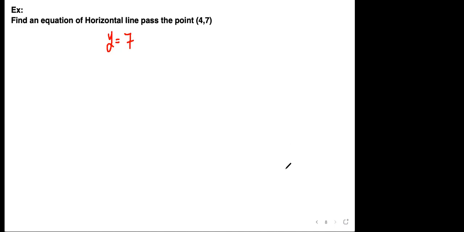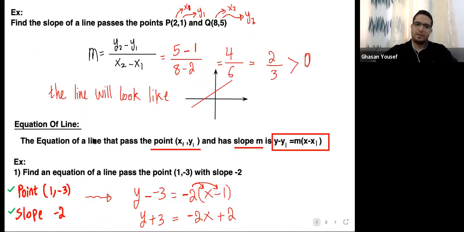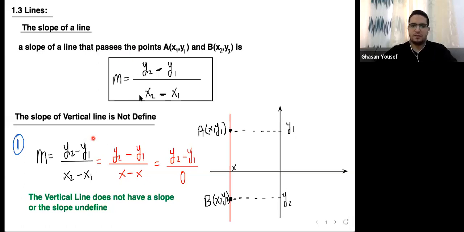Okay. I'm going to give a fast review of what we did here. First of all, we started talking about the line. I gave the slope of the line as the difference between the y values over the difference between the x values of two points such that the line passes through these two points. Then we talked about the slope of the vertical line.